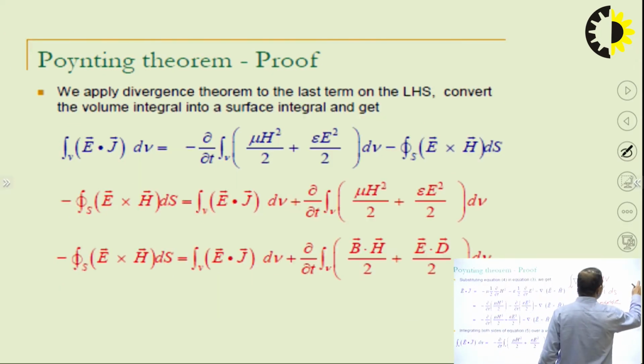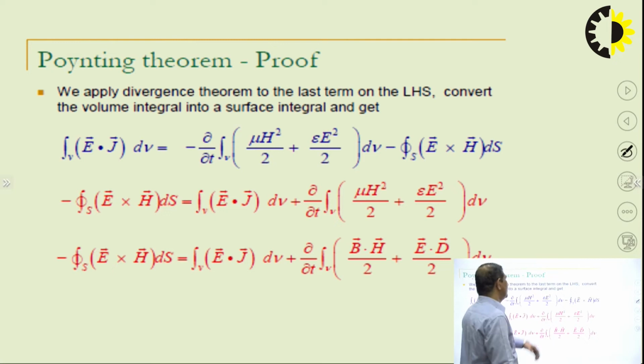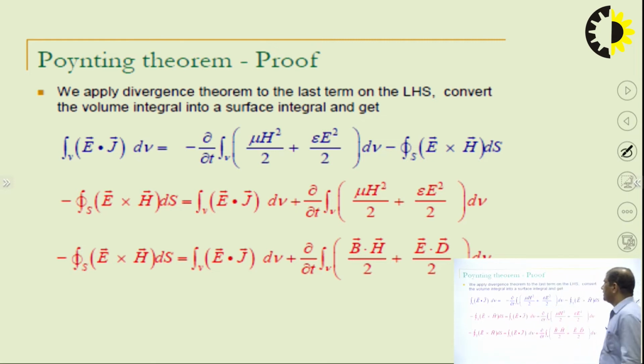And in this way, our equation has been changed. So volume integration of E dot J dV is equal to minus d over dt volume integration of mu H square by 2 plus epsilon E square by 2 dV minus surface integration of E cross H dS. In this last term, we have changed the volume integration into surface integration.